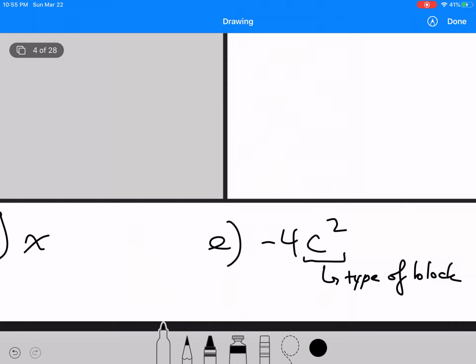Now, when I say -4c squared, the 4 tells me how many blocks. All right, so I know that this particular expression is going to require 4 of the c squareds, and those are the yellow squares. And the negative tells me where to put them.